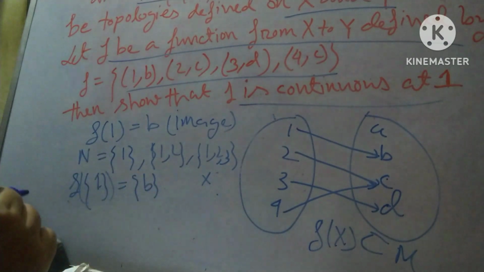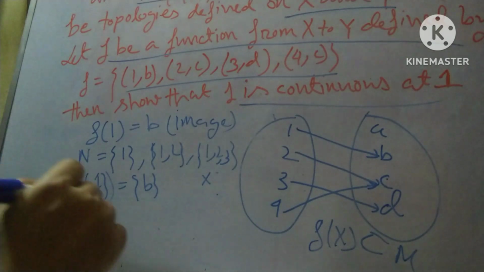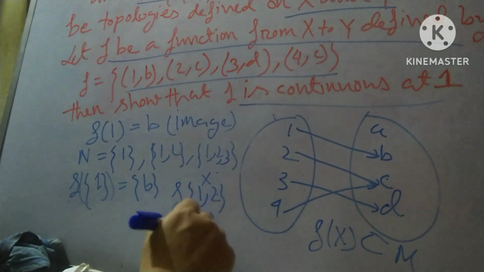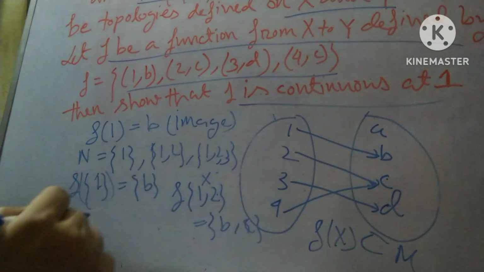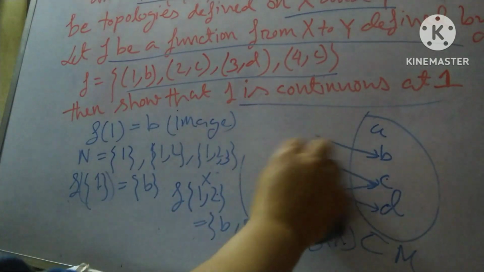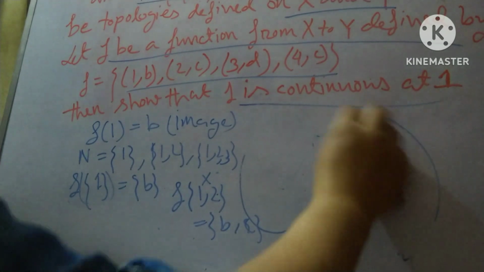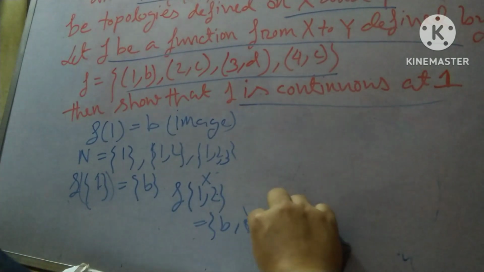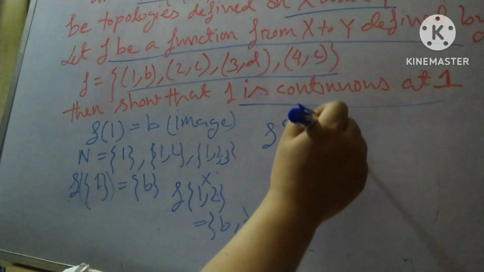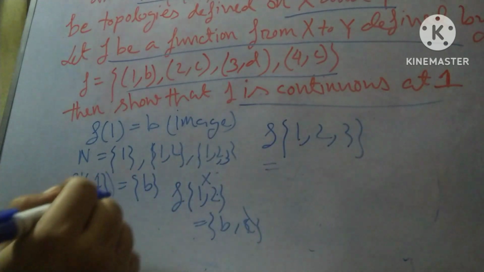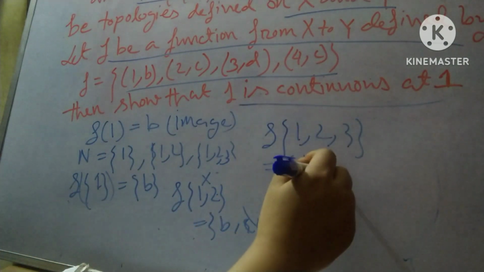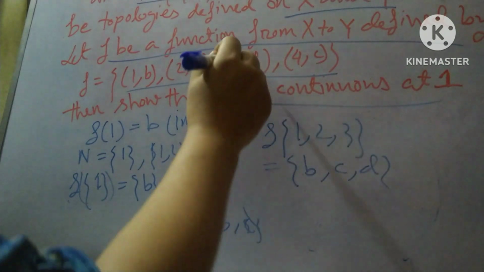Similarly, f({1, 2}) equals {b, c}. And for {1, 2, 3}, whatever I get, the value 1 goes to b, 2 goes to c, and 3 goes to d.